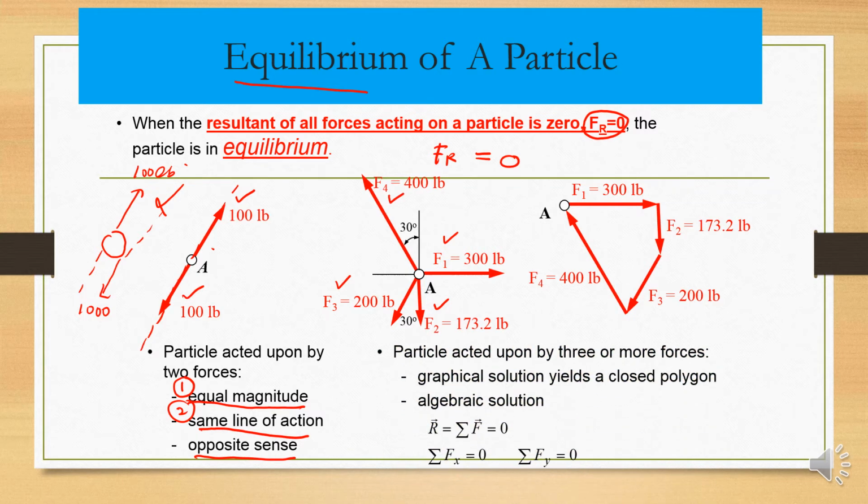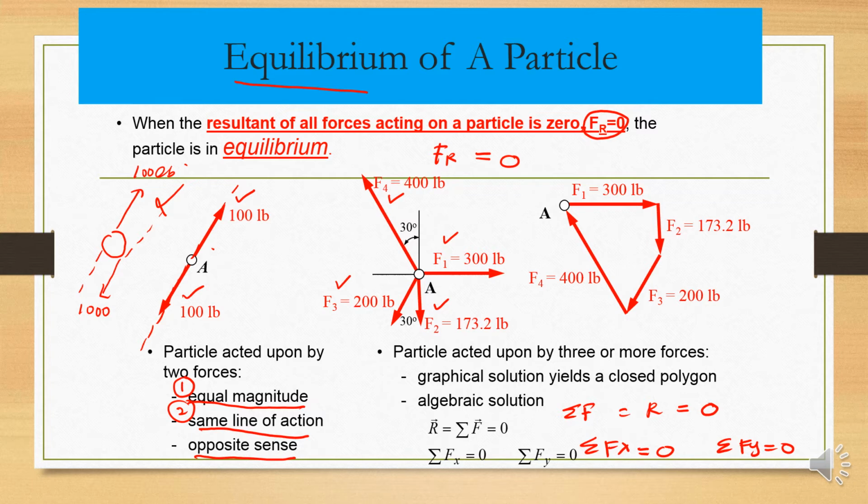When the particle is acted upon by three or more forces, by using the graphical solution or the rectangular component method, the summation of forces, the R value, should be equal to 0, and the summation of Fx should be equal to 0, and the summation of Fy equals 0.